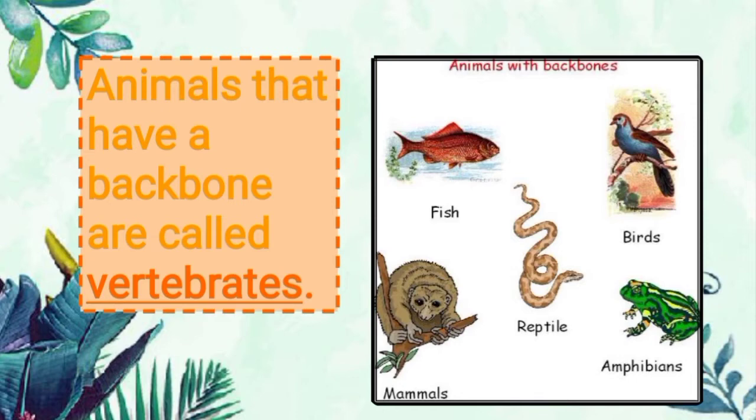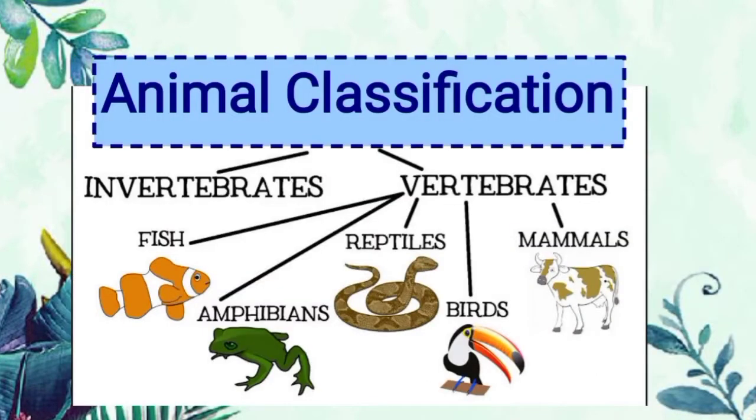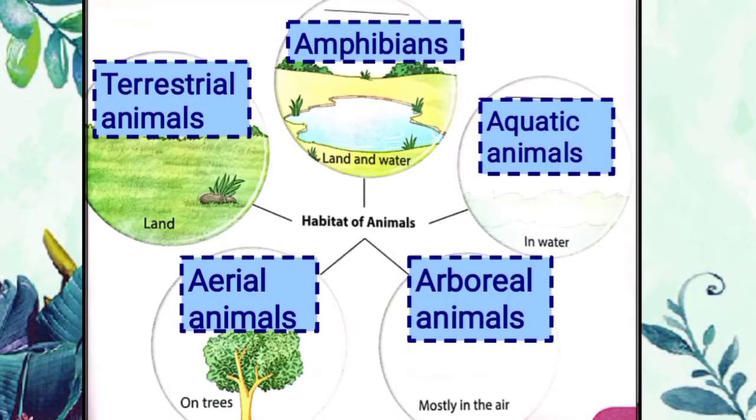Animals that have a backbone are called vertebrates, and they can be further divided into smaller groups like fish, amphibians, reptiles, birds, and mammals.